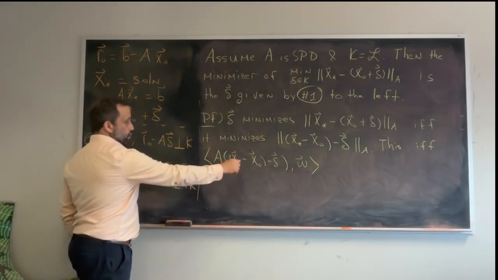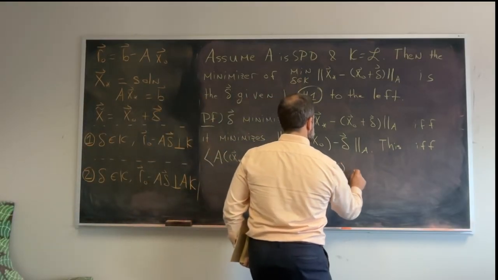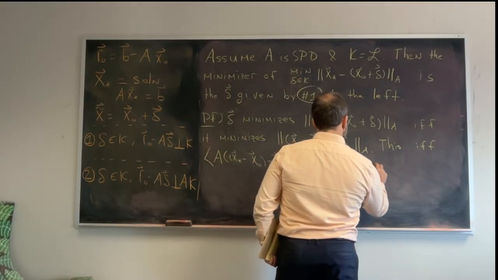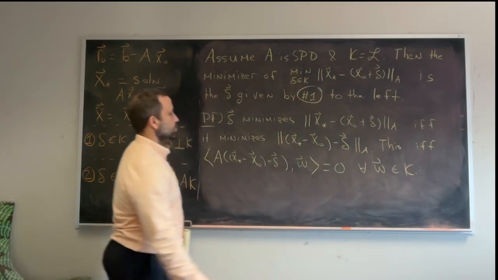This is the A inner product right here. If and only if this is equal to 0 for all w in the space K.